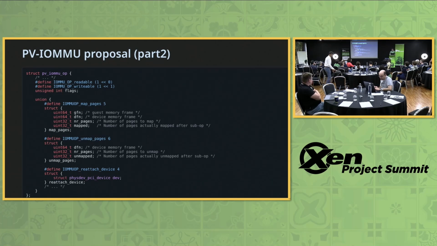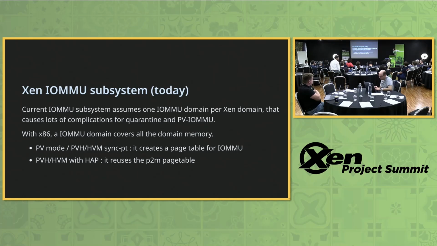Some of the issues of the IOMMU subsystem today is that the Xen IOMMU subsystem assumes that there is only one IOMMU domain per Xen domain. This causes quite a lot of complications when we want separate IOMMU domains for other use cases, like quarantine, where we want a specific context for our device, or PV-IOMMU, where we can have multiple IOMMU contexts on a single domain.